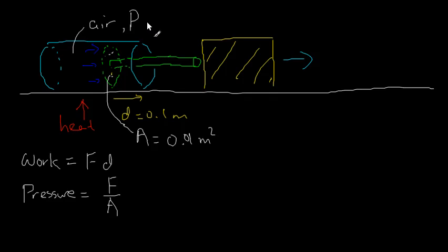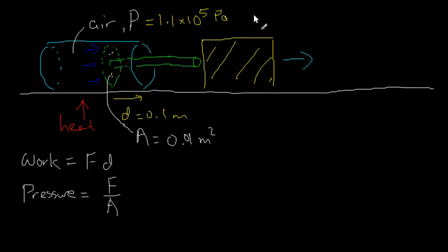Now air pressure is normally quite big. Air pressure is usually about 10 to the power 5 or so in SI units. Let me say that it is 1.1 times 10 to the power 5 Pascal.